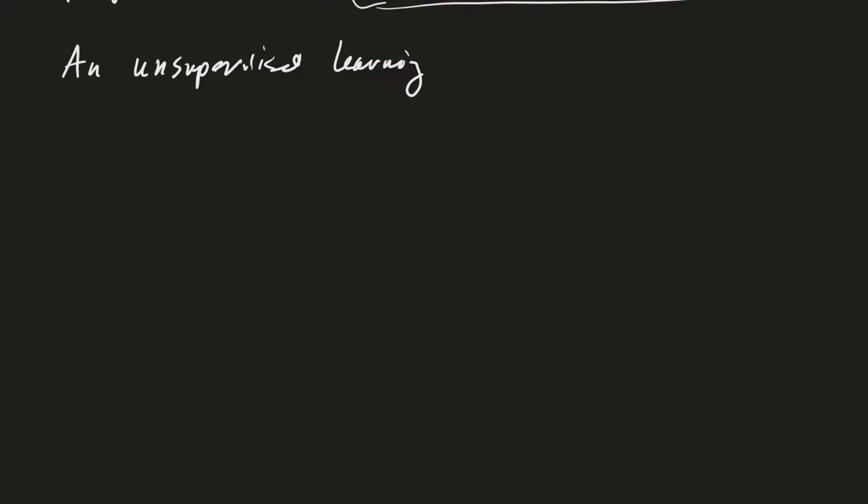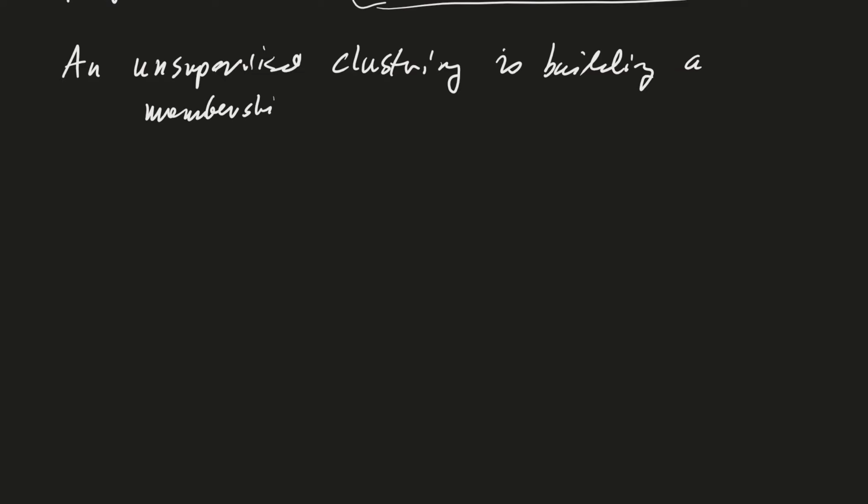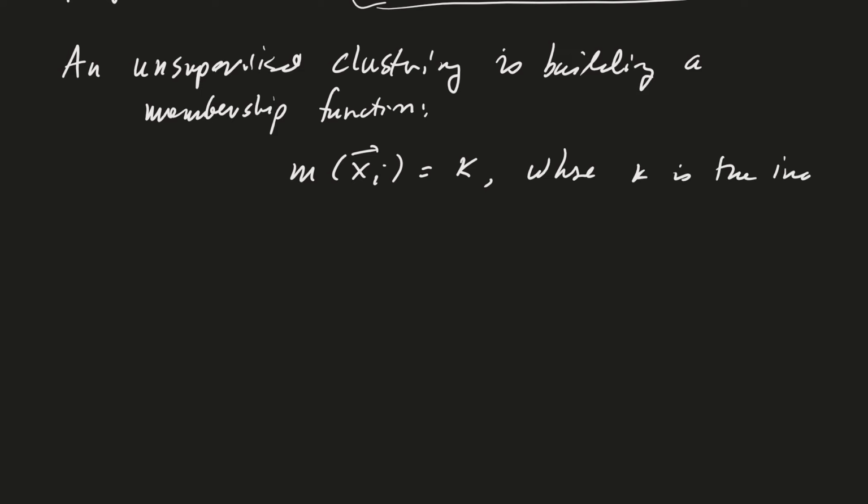Unsupervised clustering is building a membership function that we might call m of a data point xi is equal to k, where k is the index of the cluster to which xi belongs.